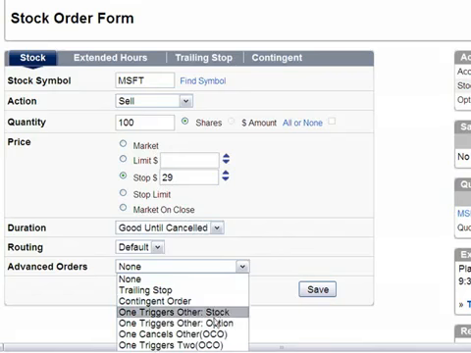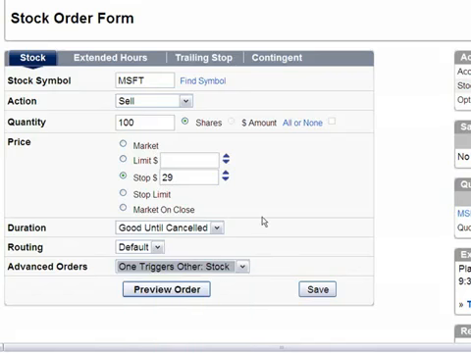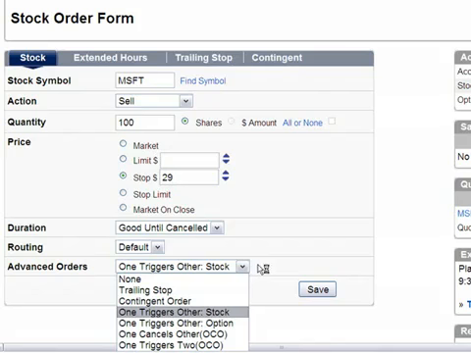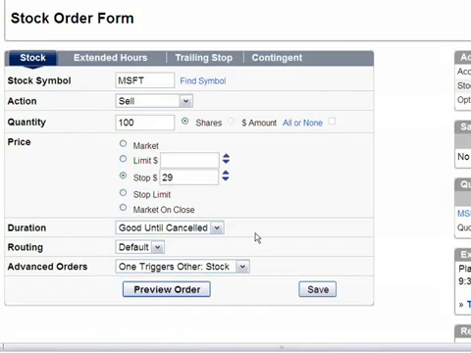Okay, let me show you now why we would use this one triggers other stock. Let's say, for example, you bought the shares at $32. The idea behind one triggers other stock is you can link your stop loss to your buy order. So if you're buying shares at $32, which is your buy stop, you can link this to your stop loss of 29.